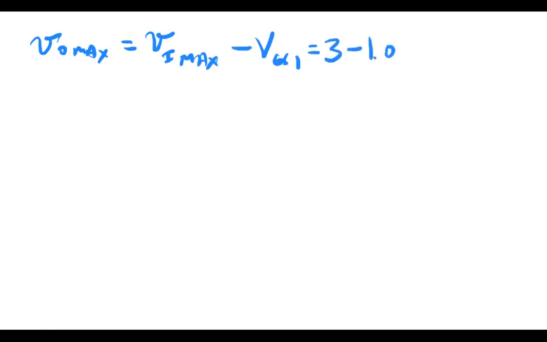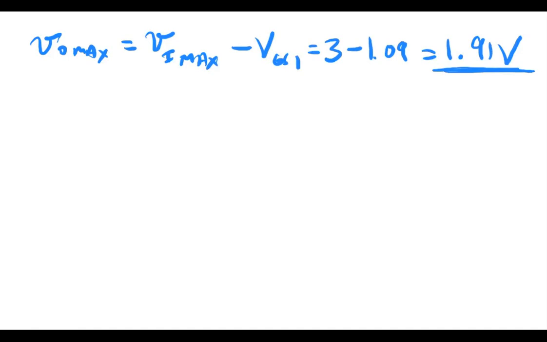Let me just rewrite it here. VO max, the output, is Vin max that we had, minus the VGS1 that we calculated. So that was 3 minus 1.09, and that gives us 1.91 volts. That gives us the upper limit of the output voltage.